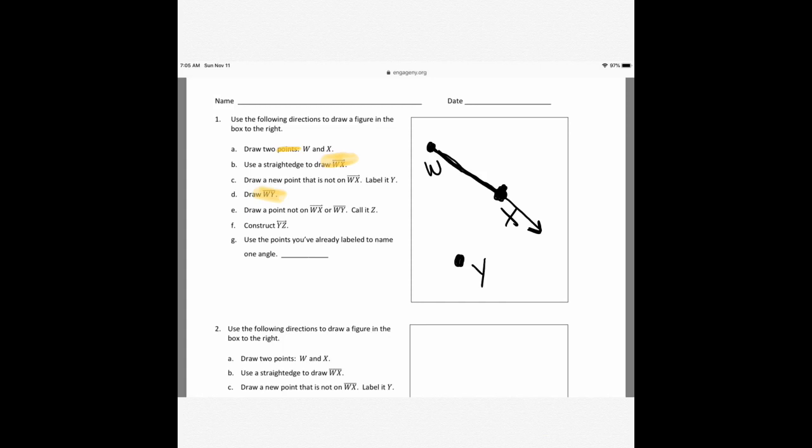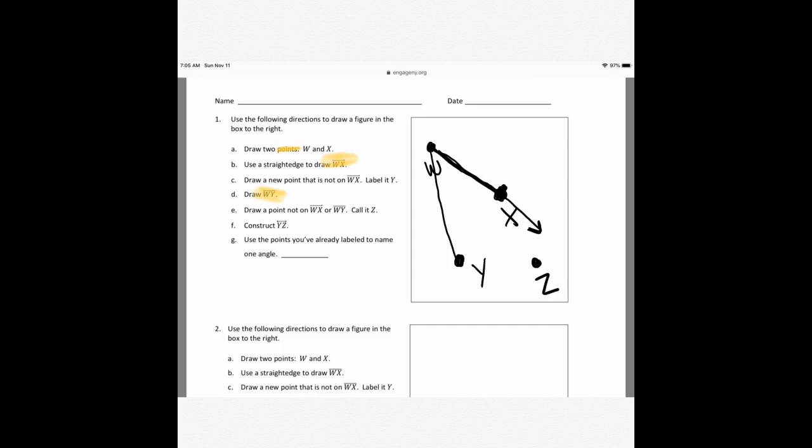And I know it's a line segment because it just has a line over the top that has no arrows. So that means it's going to start with W and end with Y. Okay, and then part E says draw a point not on ray WX or line segment WY and call it Z. So I'm just going to pick another spot, label that Z.